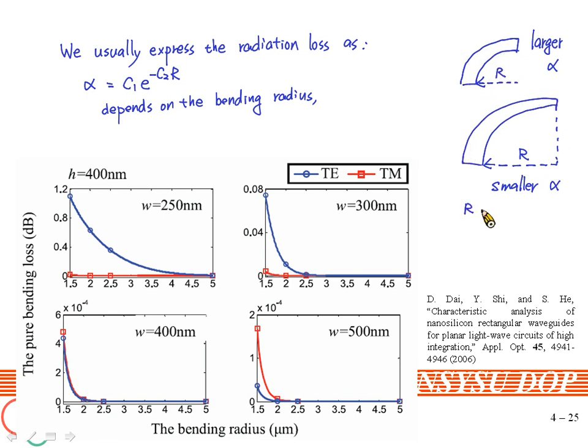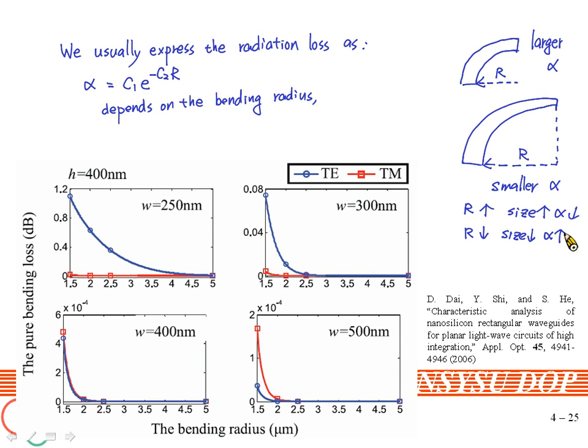So, if R increases, the size will also increase, but alpha is reduced. Okay, so if the bending radius R is reduced, you will have a smaller size, but the loss will be enhanced. So this is a trade-off for optical waveguide design.